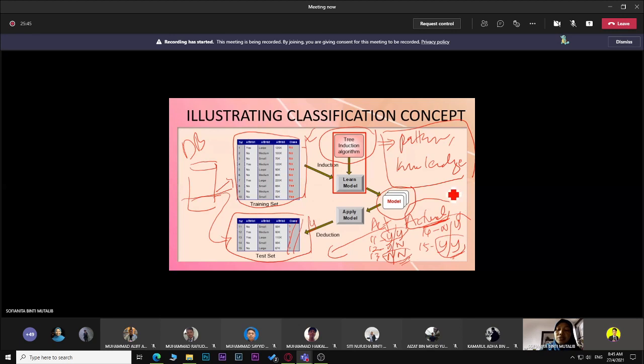So 3 out of 5, and then you times 100. So you will get the accuracy of the model for this testing phase. Can understand? Alright.